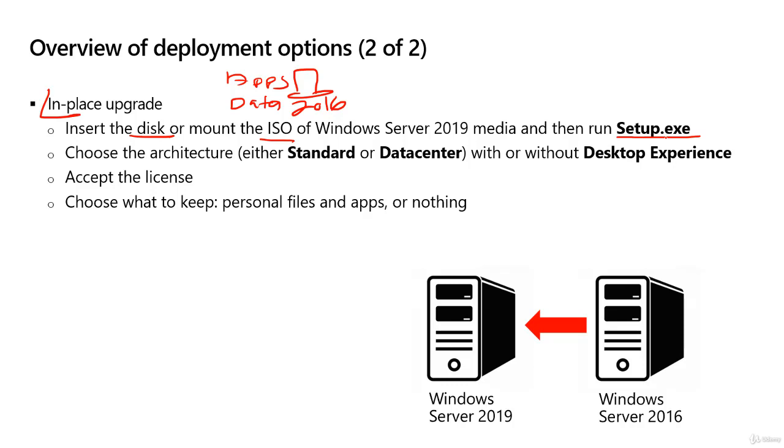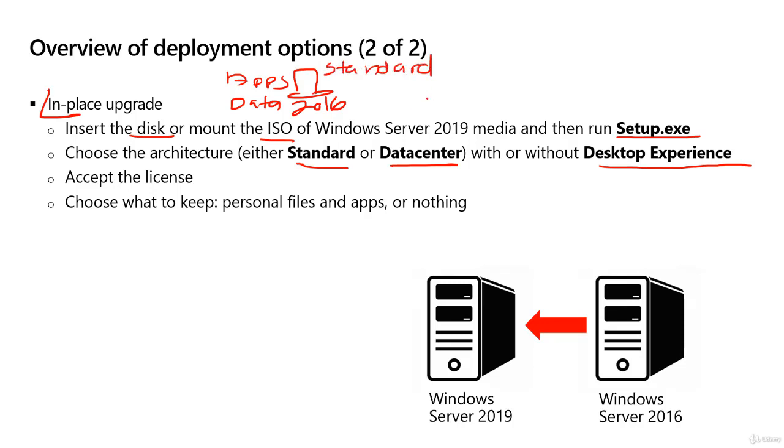You will accept the license agreement, you'll accept your keyboard layout, all those things. The only difference is you will not do a clean install, the custom option. You're going to choose an in-place upgrade. Now, we can choose the architecture, standard or data center, with or without the desktop experience. That seems like an odd choice if you're doing an upgrade, but what's possible, let's say this 2016 server was a standard edition.